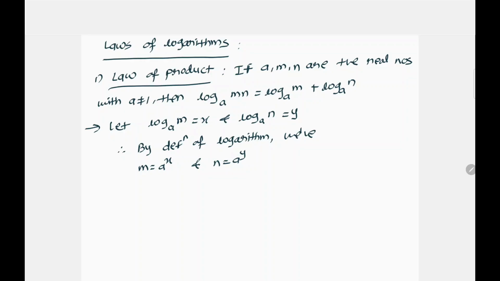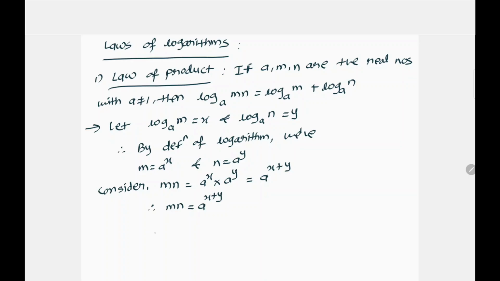So we consider here mn. Substitute the values. m is a raised to x into n is a raised to y. Now the base is the same, so the powers will be added, that is a raised to x plus y. It means we get mn is equal to a raised to x plus y. Now this is in exponential form, so convert it in logarithmic form.